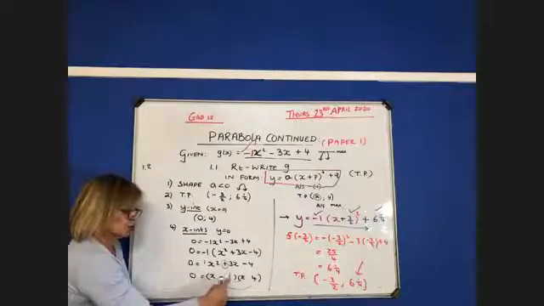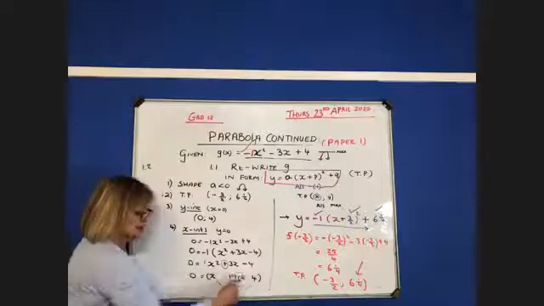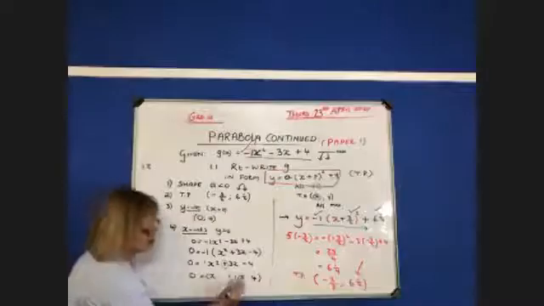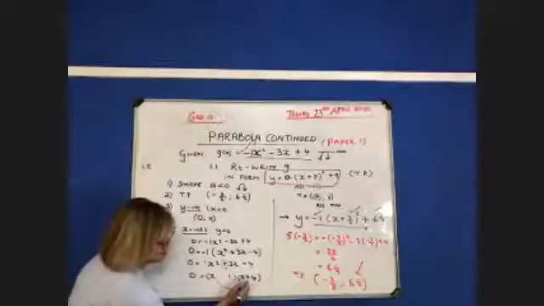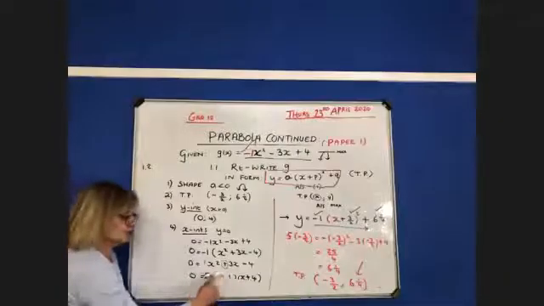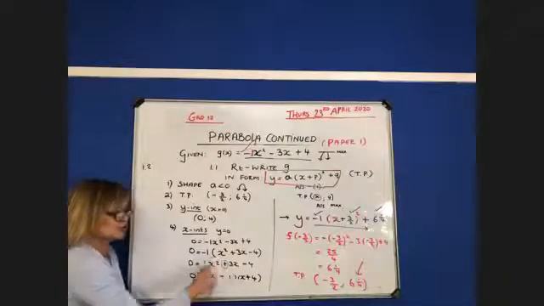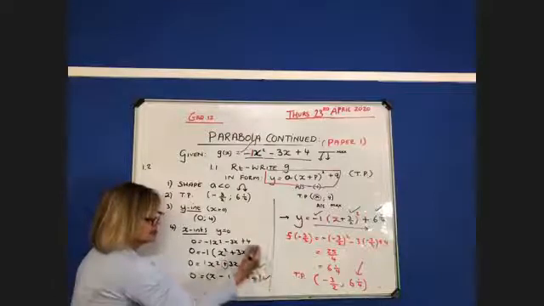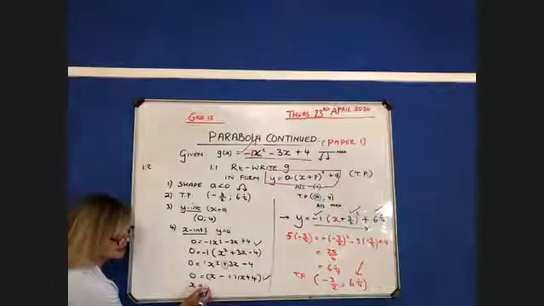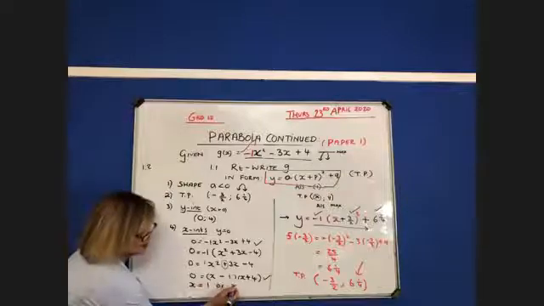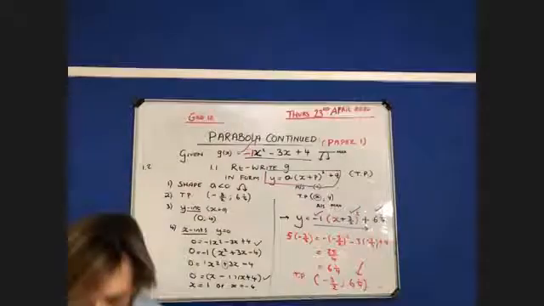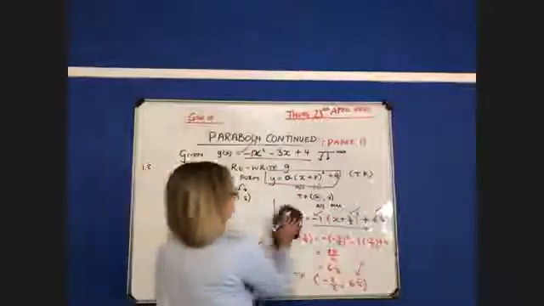So who's bigger, 1x or 4x? 4x gets the sign there, which means that must be a minus. Once you've factorized it, just quickly in your head, FOIL it, and you will see you've done that correctly, because there's quite a few marks there. x is going to be 1 or x is going to be negative 4. Now, I have everything I need to draw this parabola, so it's just a quick revision on how to draw a parabola.